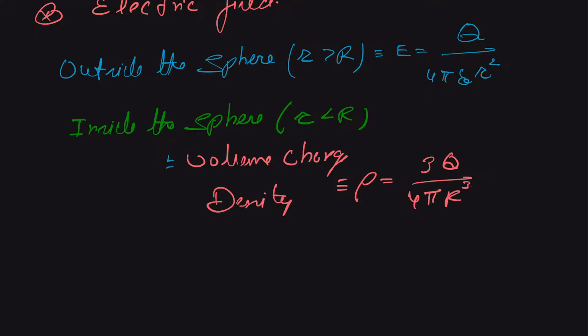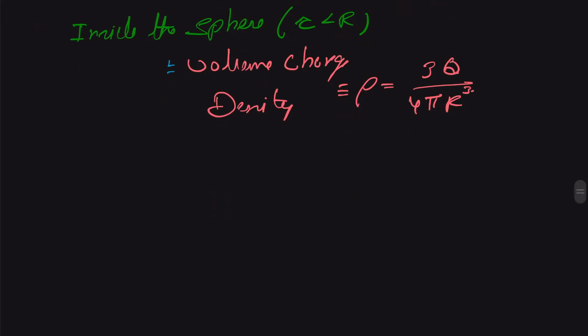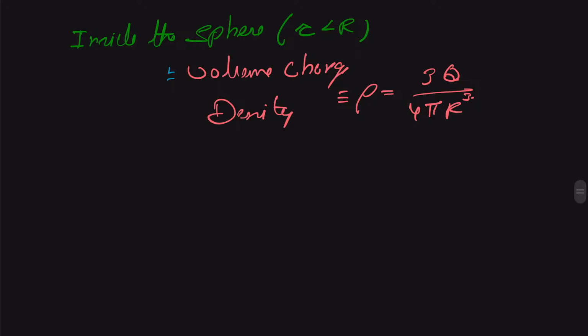From Gauss law, we can easily write the electric field at a distance r inside the sphere as rho r upon 3 epsilon naught.